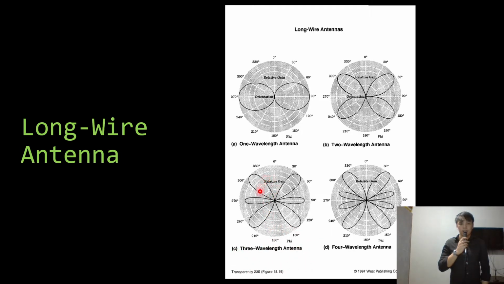It has three orientations of receiving signals, and the other side is 3 also. The last one is the 4 wavelength antenna. It has 4 orientations of receiving signals, and the other side is also 4 orientations of receiving signals.